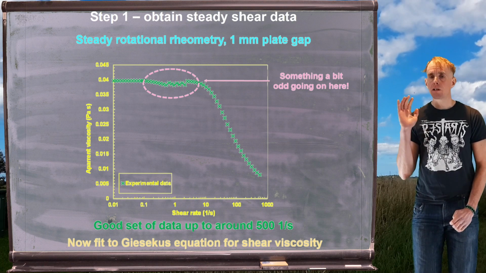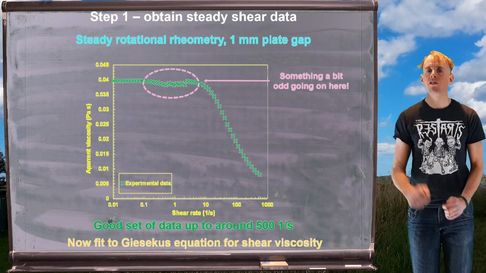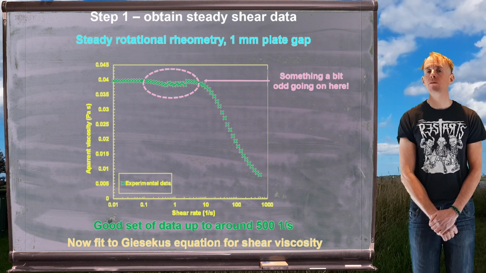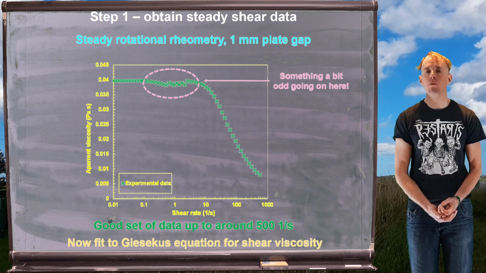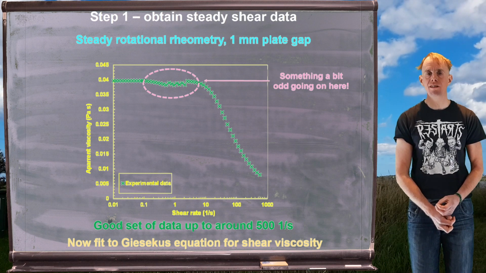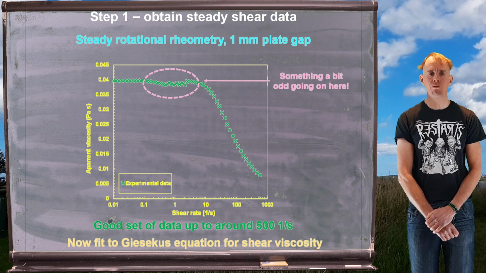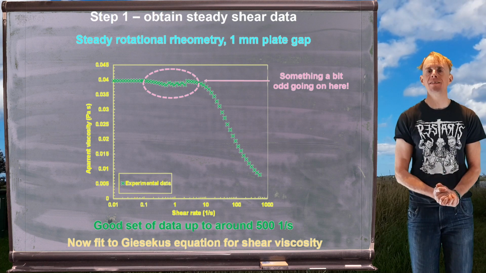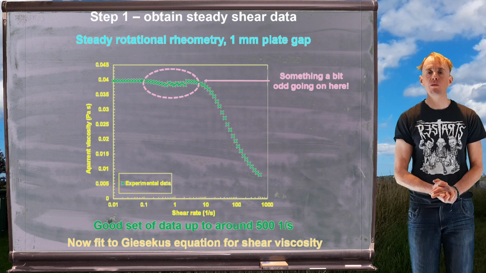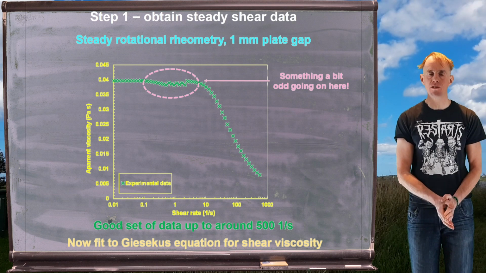Now, compare this for a second against the steady shear data that we got in parallel plates for the polystyrene in the previous part of this lesson. We were unable to get good steady shear data for polystyrene in parallel plates above 1 or 2 reciprocal seconds, because the level of viscoelasticity was so much more that it was forcing the sample out of containment.